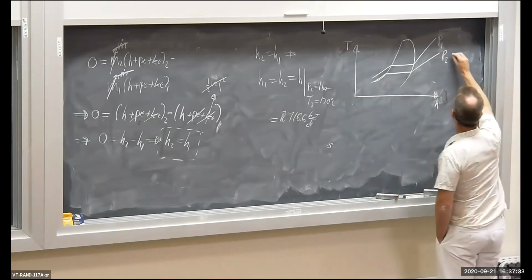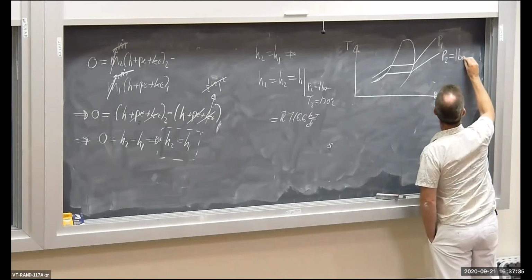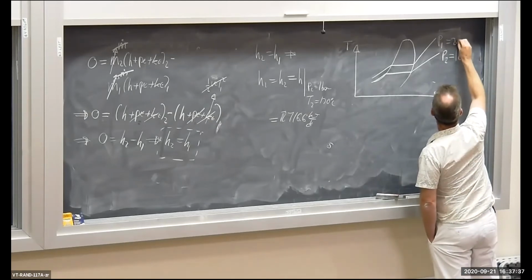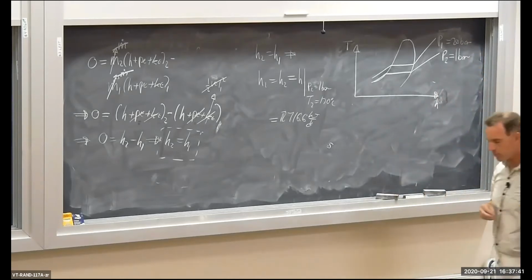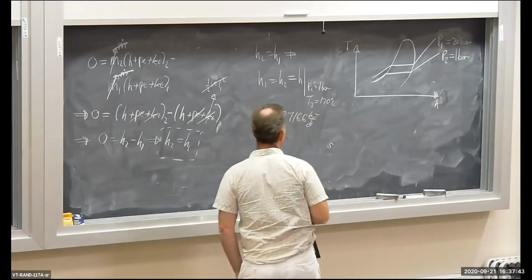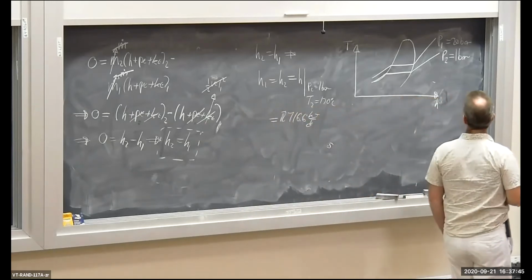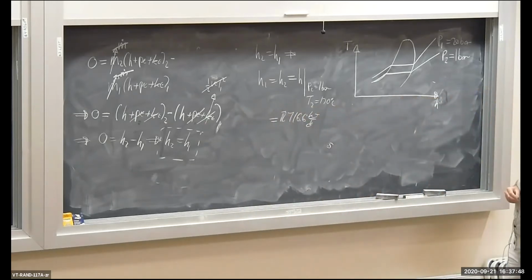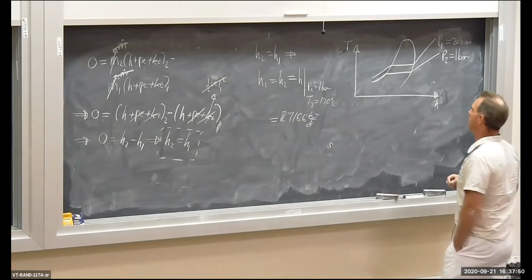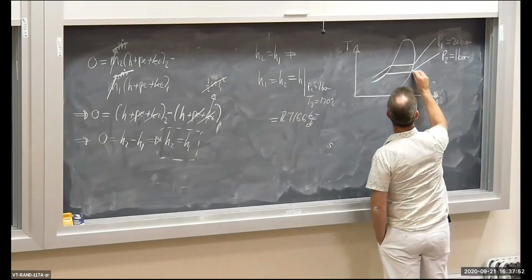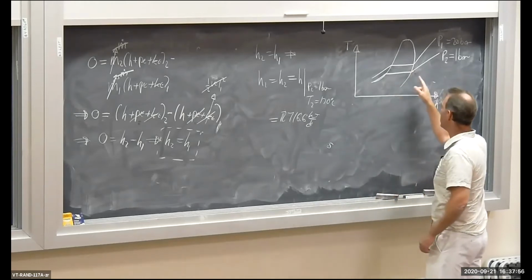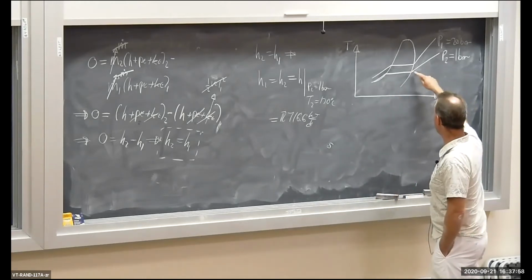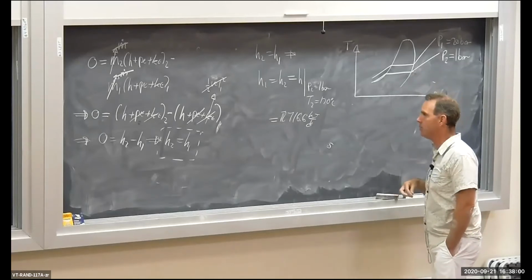So we're at 1 bar, and we're at 20 bar up there. Now P2 is a superheated vapor. Well, we'll see in a minute, but presumably we're in the superheated vapor region on the P2 isobar.